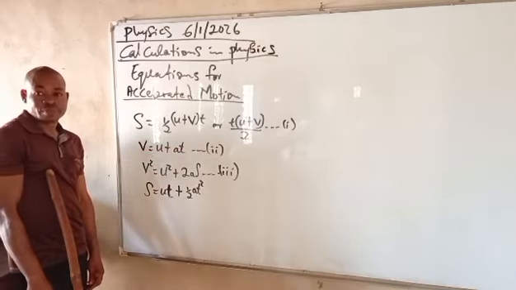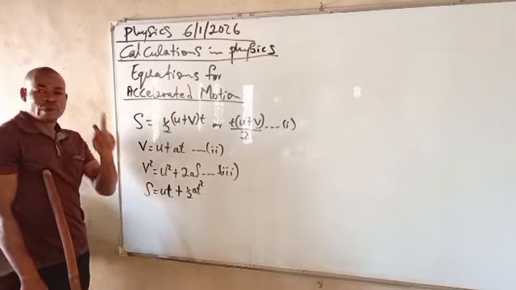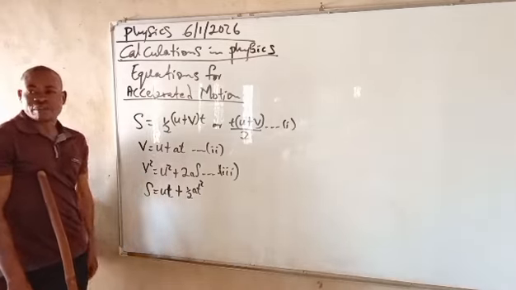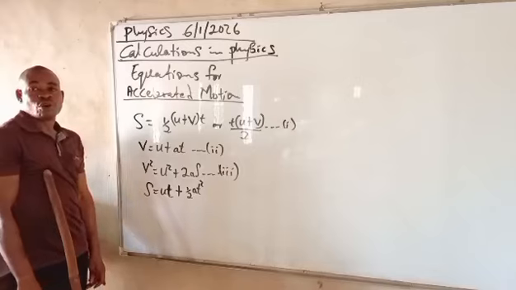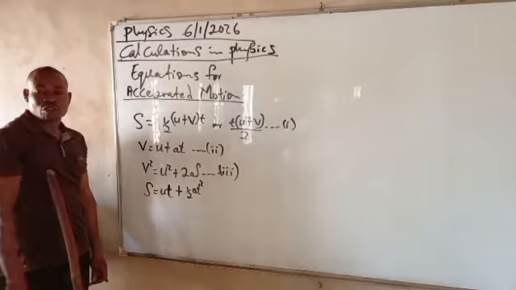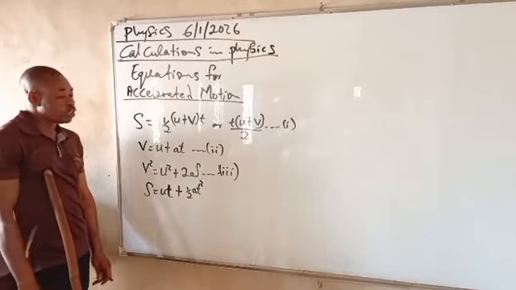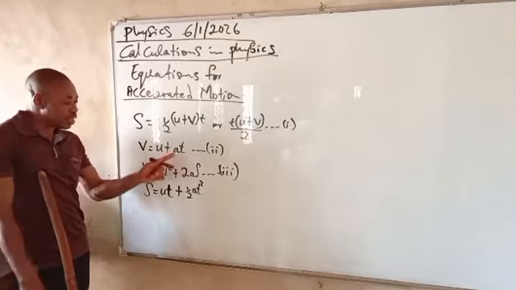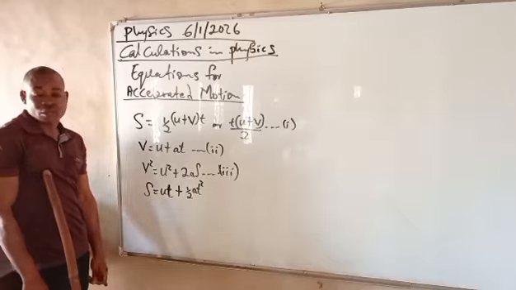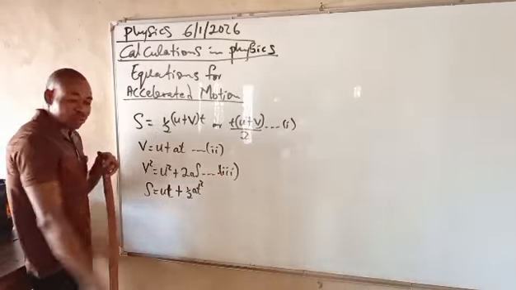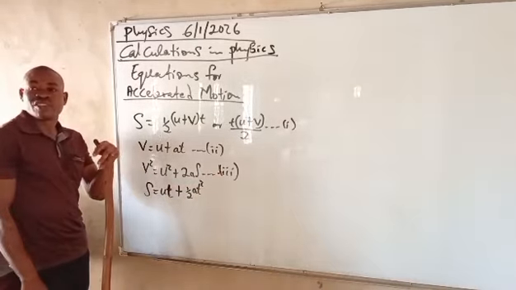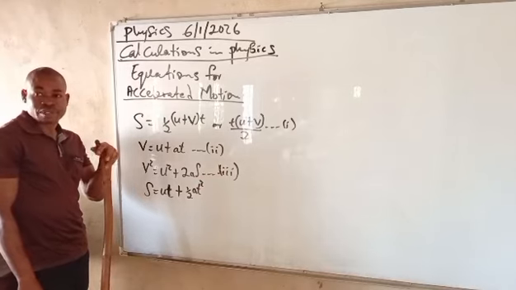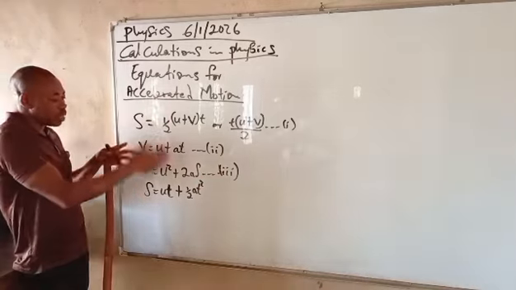Are you getting me? Yes. Remember, whenever we're talking about motion under gravity, we use g, acceleration due to gravity, to replace small a. So, on the level ground, acceleration due to gravity is 0. Are you getting what I'm saying? Yes. That's why I'm not going to see them here.